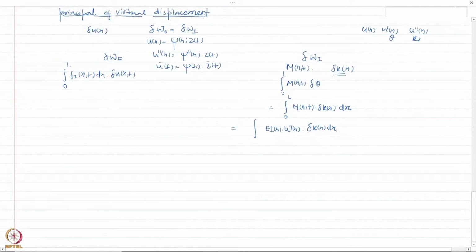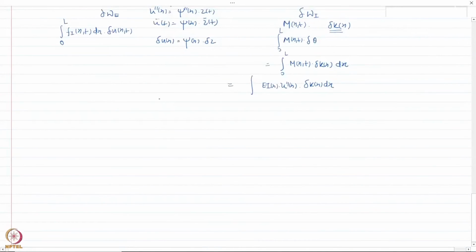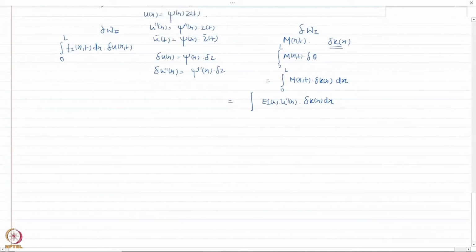Further, because u of x is this much, my del u of x should follow the same shape function, and it will become phi of x times del z, and also del u double dash of x would be phi double dash of x times del z. So we are going to utilize this and substitute in these two expressions here and here, and let us see what we get.